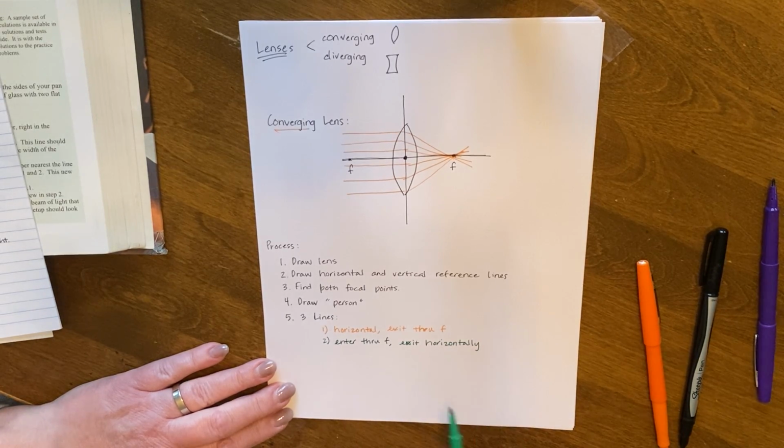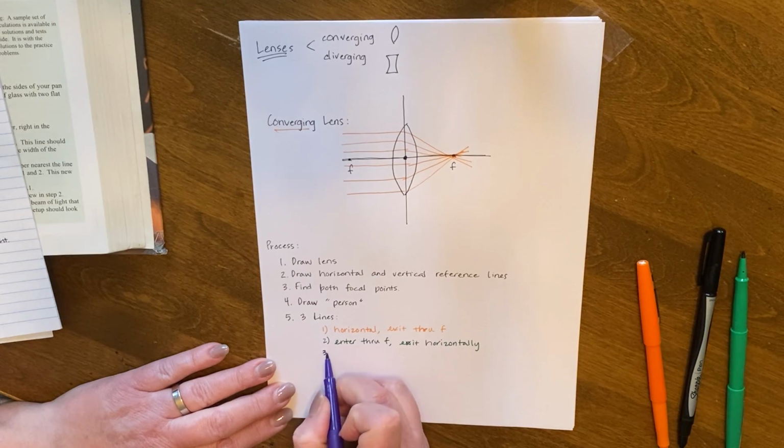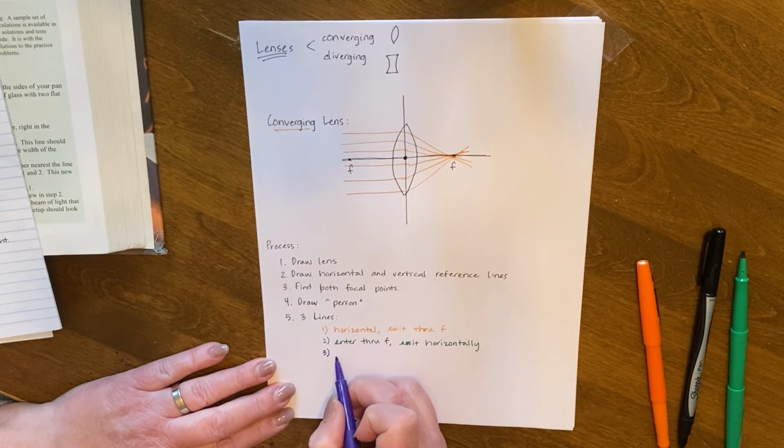Just like with our mirrors, with lenses, these first 2 lines are kind of opposite each other. The first one, it's going horizontal, it's exiting through the focal. The second one, it's going through the focal, exiting horizontally. The third line, just like with mirrors, I think is the easiest.